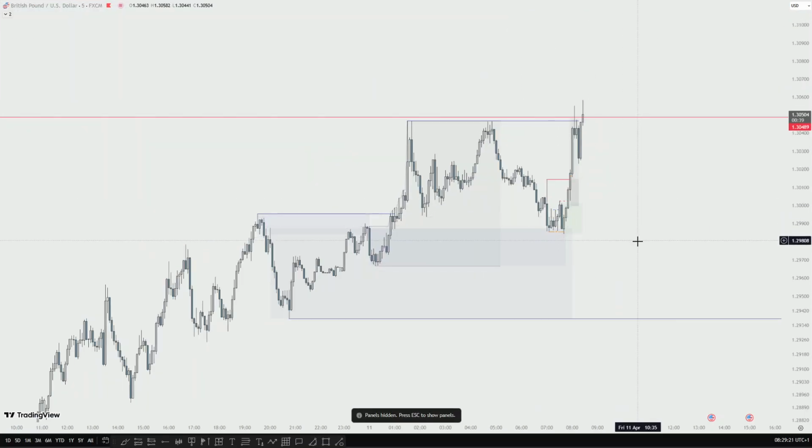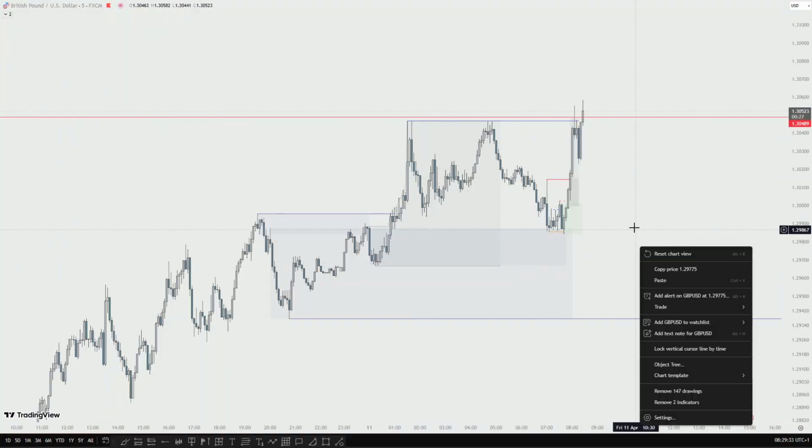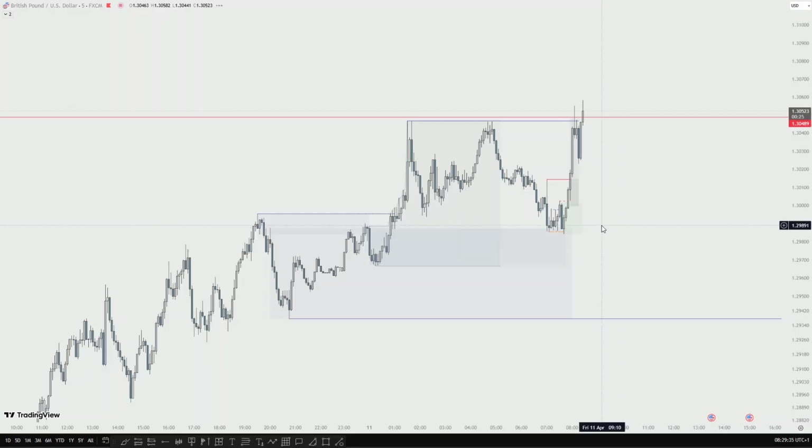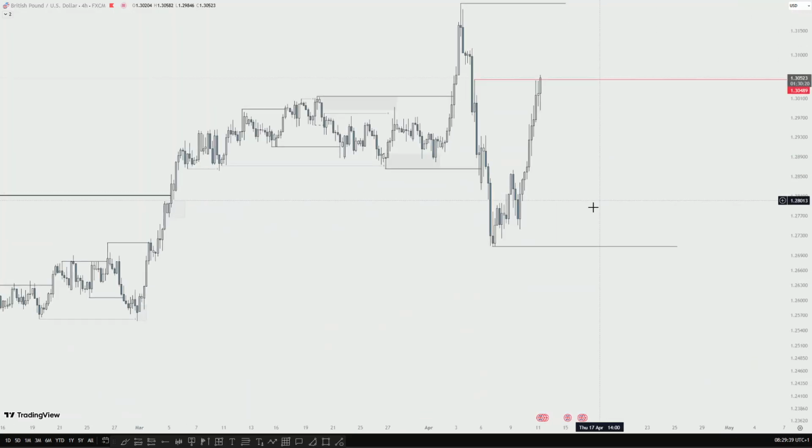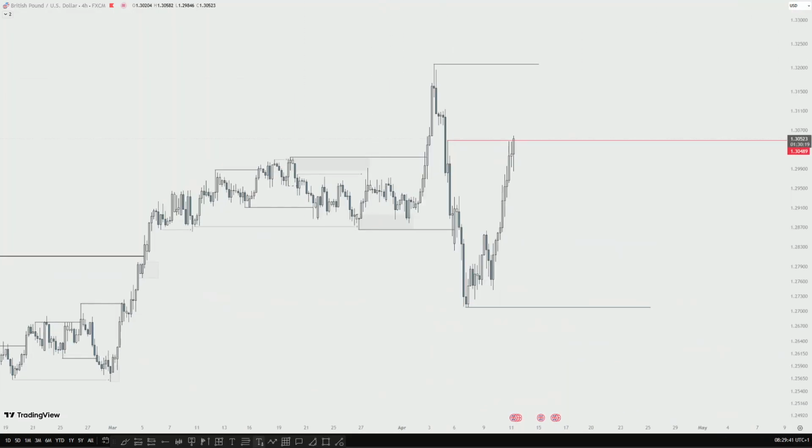Hey guys, in this video, I'm going to do a trade recap of the trade I took today, the 11th of April, on GU. So let's start with the higher time frame that I was looking at at that time. On the 4H, we have a very strong sell-off, right?